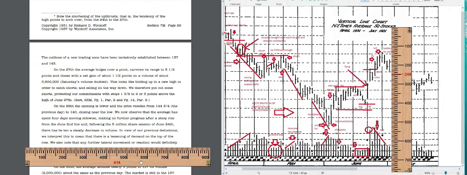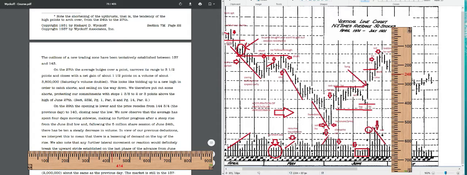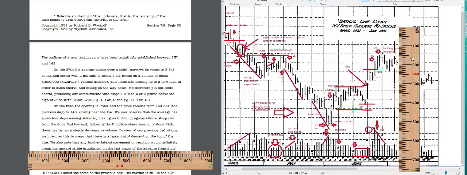We also note that any lateral movement or reaction would definitely break the upward stride. Upward stride meaning if you draw a trend line, the stride is broken. So this is the trend line right here. This one or this one? It's one of them. Maybe this.